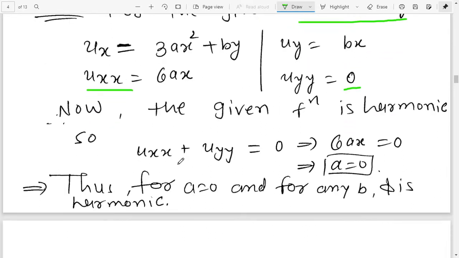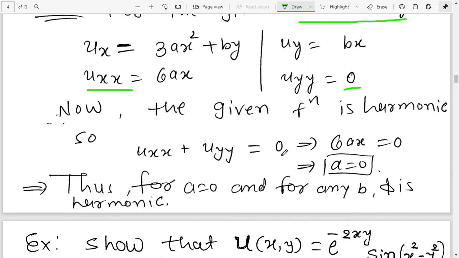So uxx plus uyy is equal to 0 implies 6ax plus 0 is equal to 0. So 6ax is equal to 0, hence a is equal to 0. Thus for a equal to 0 and for any b, u is harmonic. This is complete.